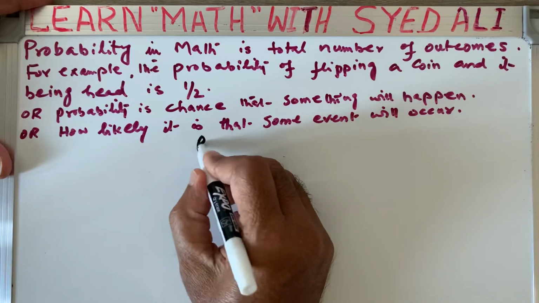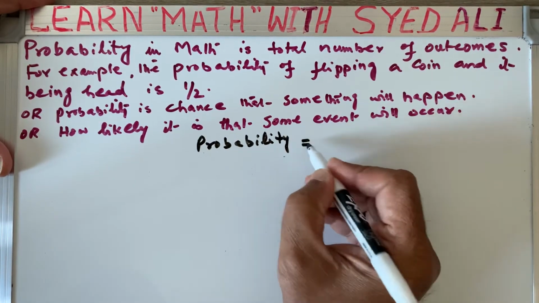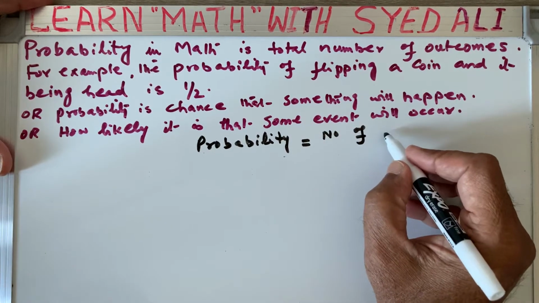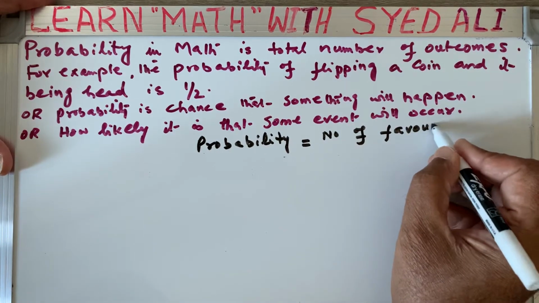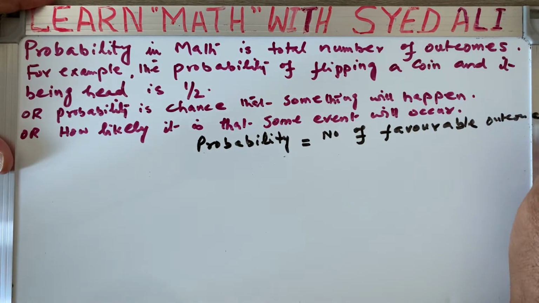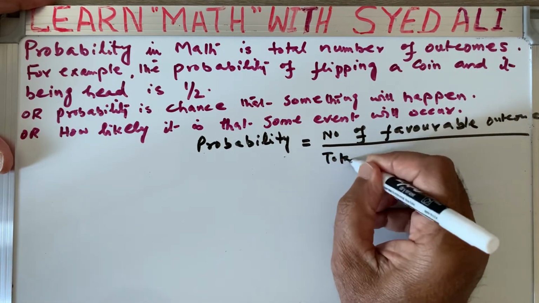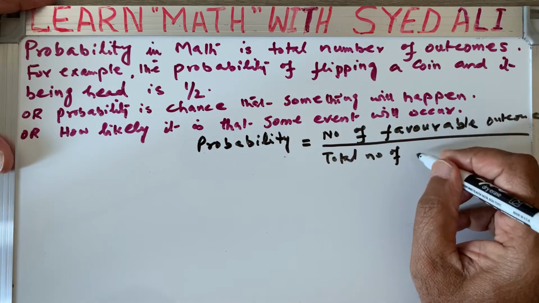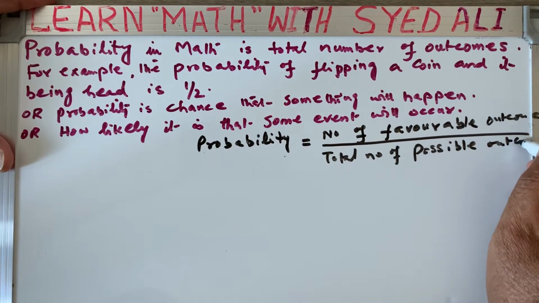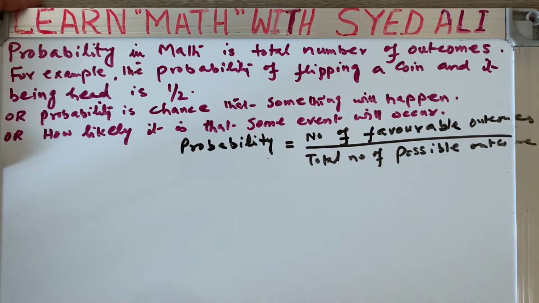So I will say probability is equal to, or is the ratio of the two things, number of favorable outcomes to the total number of possible outcomes.